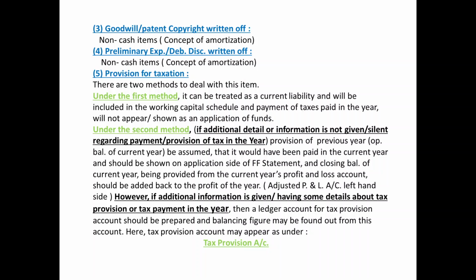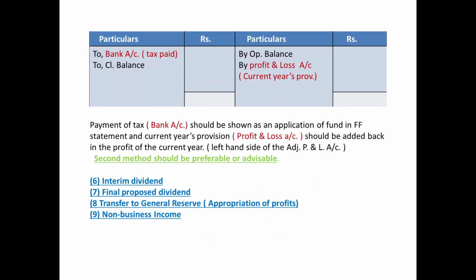Then a separate ledger account for tax provision account should be prepared and the balancing figure may be found out from this account. Here I have prepared that format of tax provision account. It will appear like this. Have a look at the format of this income tax provision account under this particular way.